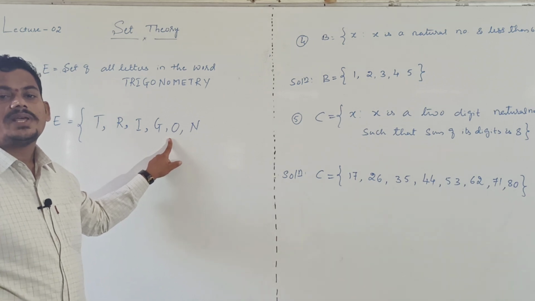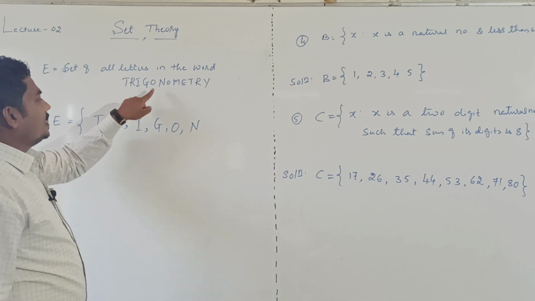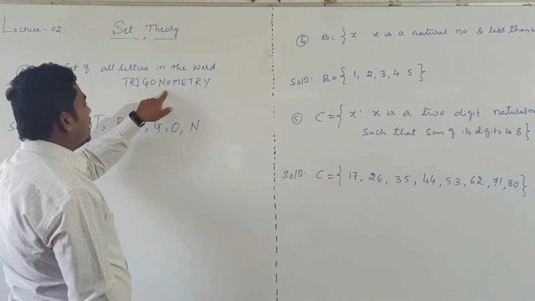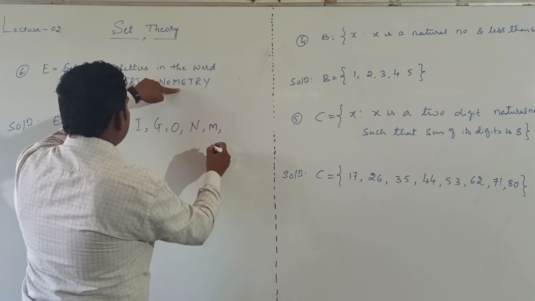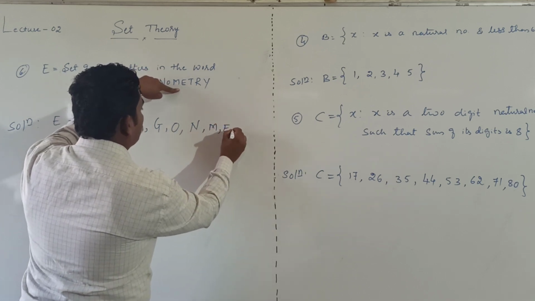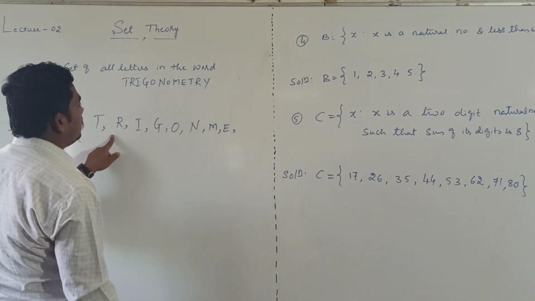In roster form, repetition of the elements is not allowed. O already written. N, then M, next E, next T already written, R already written, Y.